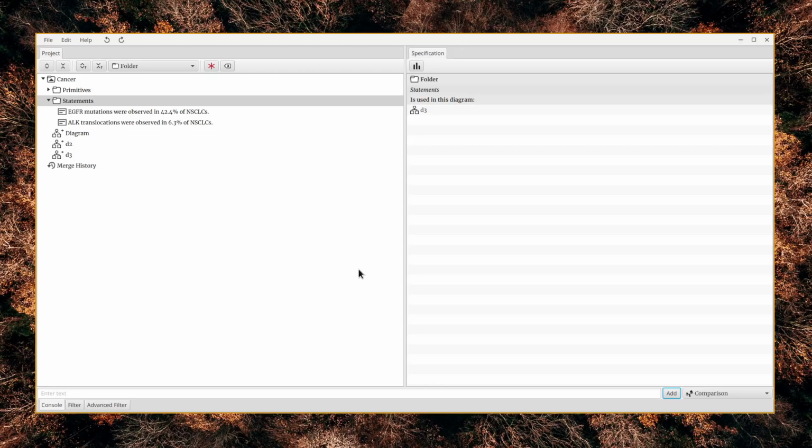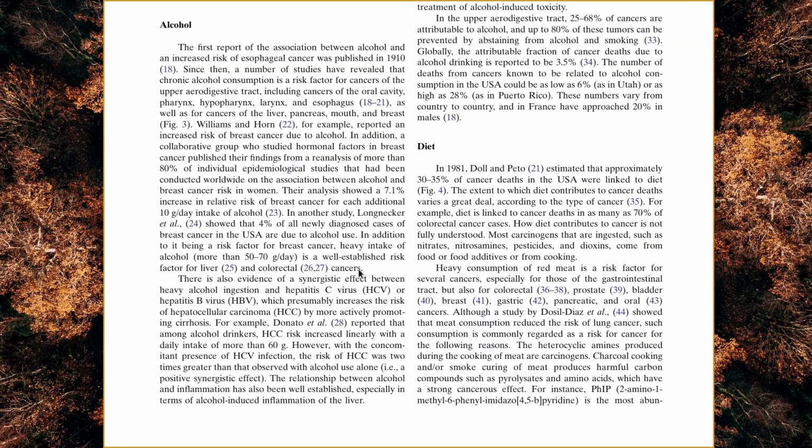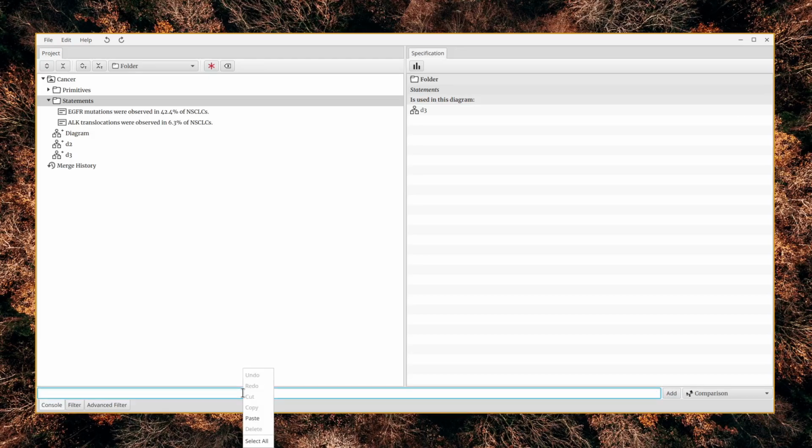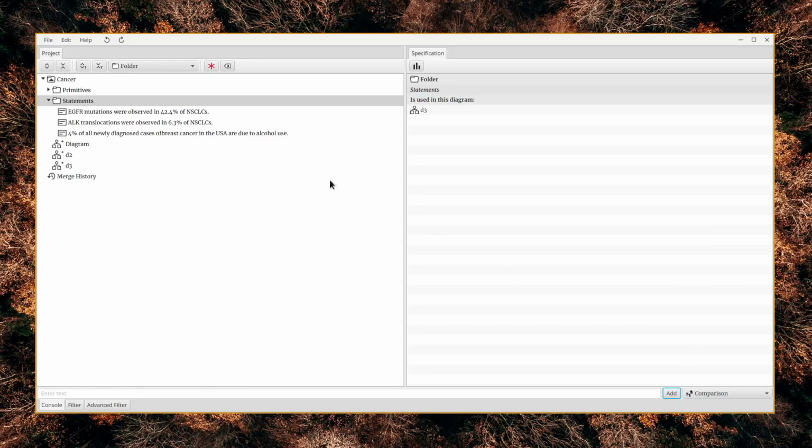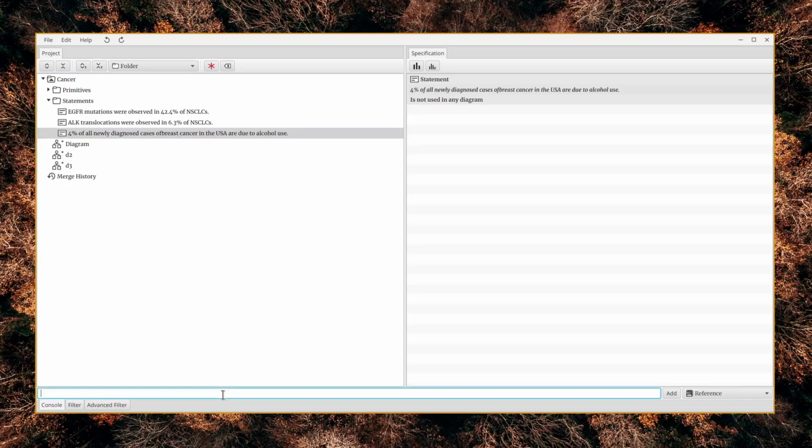As you might have noticed, once I find a statement of interest, for example, this one indicates that 4% of all newly diagnosed cases of breast cancer in the USA are due to alcohol use, I can add it into the information tree. If needed, I can also add reference information into that statement. In this way, all reference information will be easily accessible at any time.